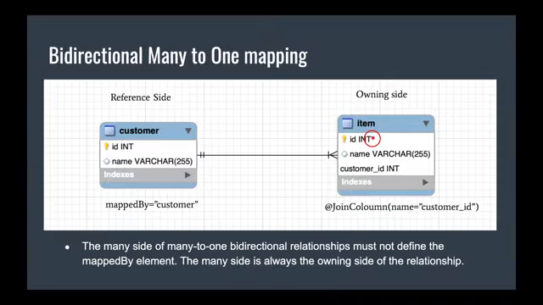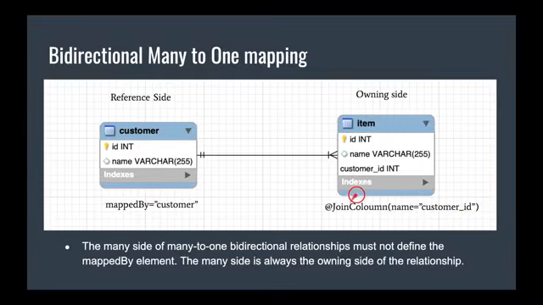What about bidirectional many to one mapping? This mapping we will define like this. We have a customer and multiple items, so on this many side we will define @JoinColumn, where the joining column name is customer id. So we customize this foreign key column as customer underscore id with the help of this joining column.